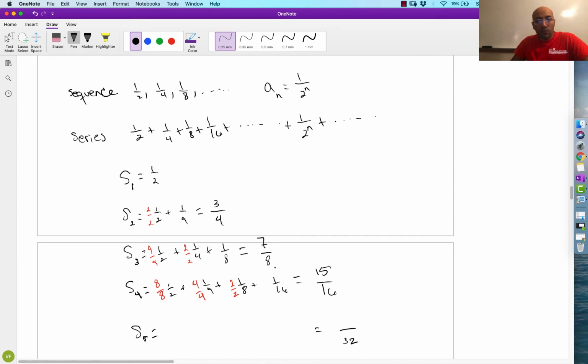Also, if I want to rewrite it as powers of 2, that's just 1/2, and this is going to be 3/2 squared. And this one is going to be equal to 7/2 to the third power.